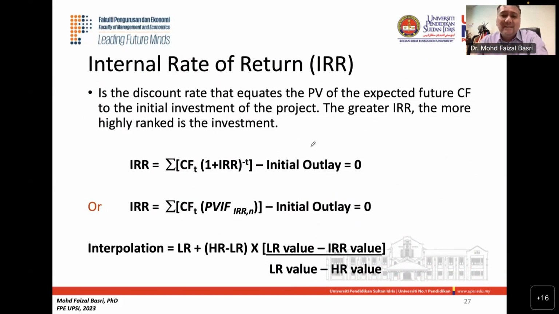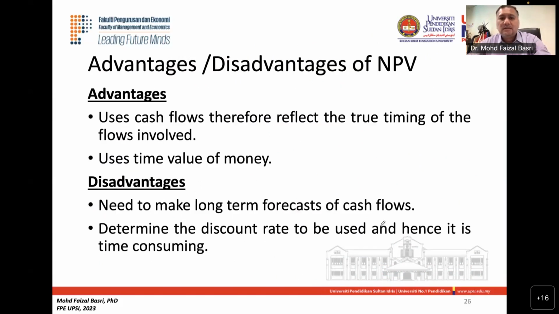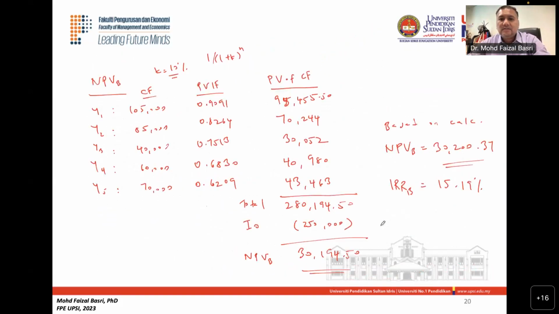It will be even more troublesome nak kira. Because when we want to calculate internal rate of return manually, we need to assume. And once you assume, we need to do interpolation. Just to illustrate.